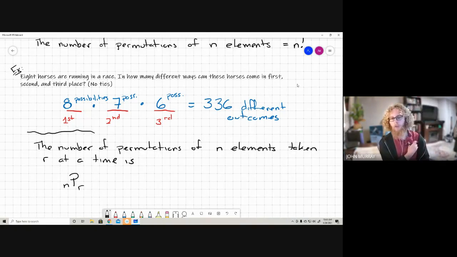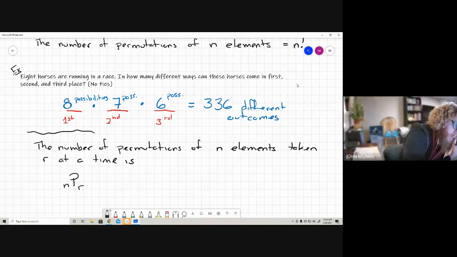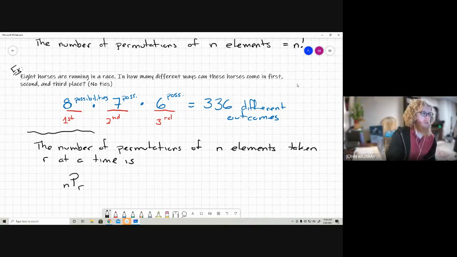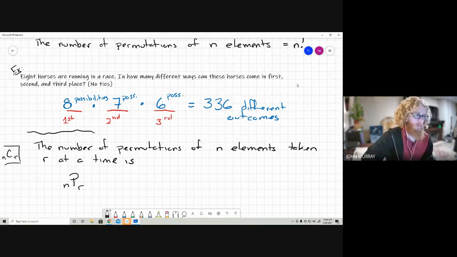So this may look familiar, but it is slightly different. The number of permutations of n elements taken r at a time is nPr, which is similar to what we saw last week, nCr.